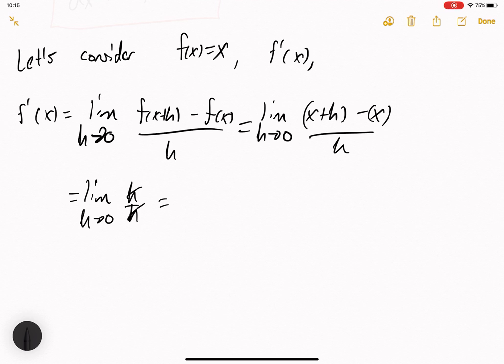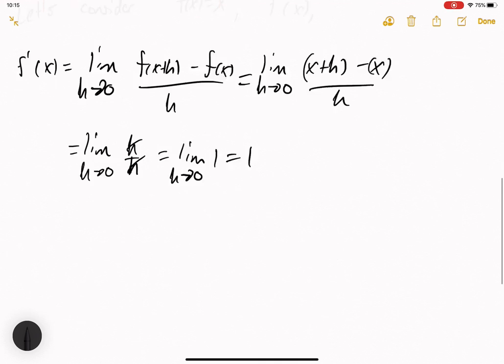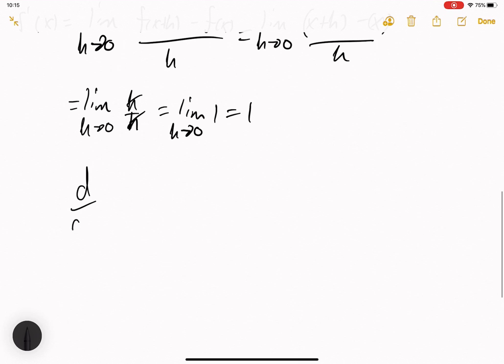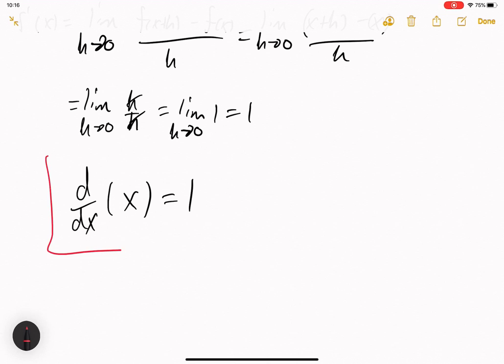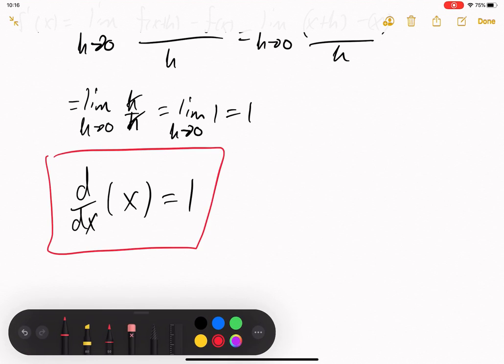So we end up with the limit as h goes to 0 of 1, which is equal to 1. So again, what we got is that the derivative of x is equal to 1. So far this is going pretty nicely.